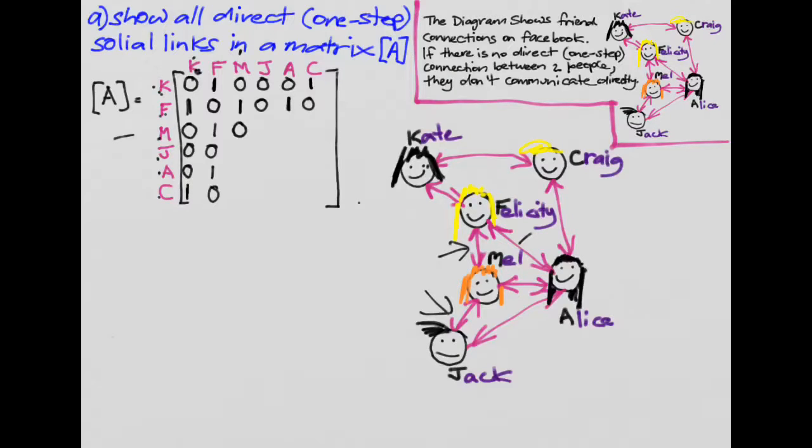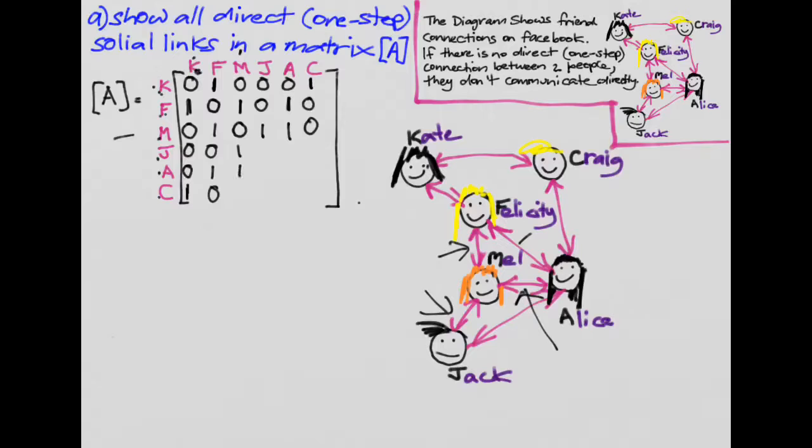So that is a 1 in that position and in that position. Mel to Alicia, yes, there is a connection here. So Mel to Alicia is 1. And finally Mel to Craig, no, that can't happen, so that's a 0.